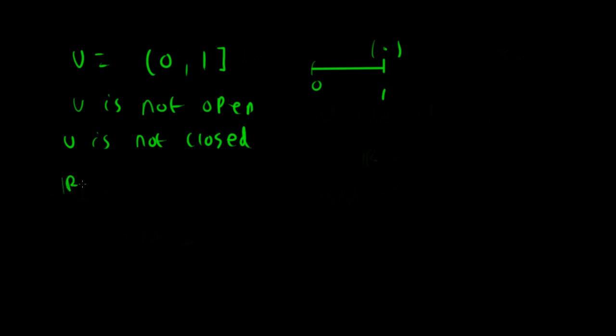Because R without U, well, it's going to be the set of points that are not in here. So if we write that down, that's the set of points p in R such that p is less than or equal to 0, or p is greater than 1, and this set is not open, because we have a problem at 0 here.